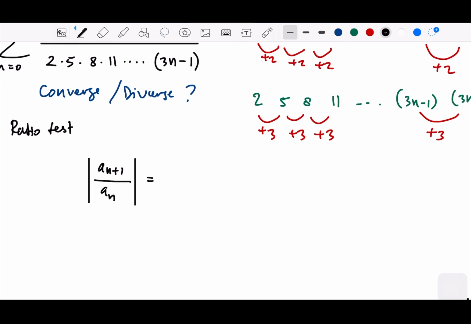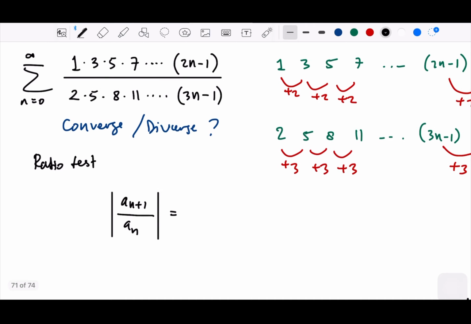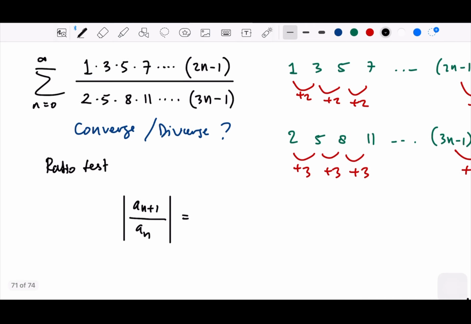But I think the problem is to understand what this actually means. Some of you think that this is the whole series, and you just calculate this. And of course, if you check the divergence test, it's 2 over 3. Oh, it diverges. Okay, but actually we need to multiply all until the 2n minus 1.